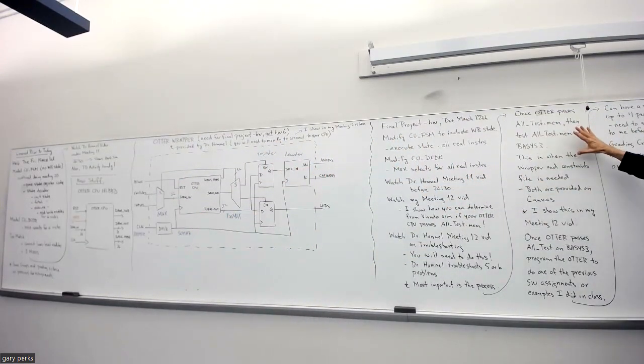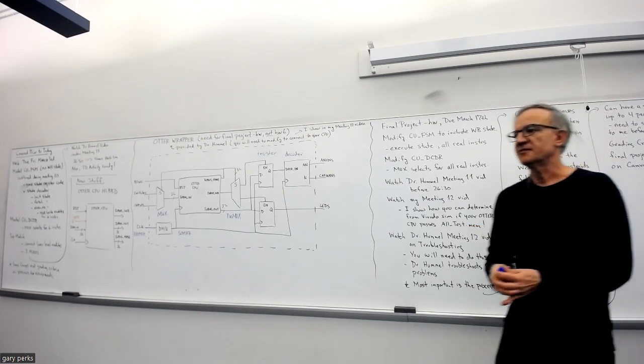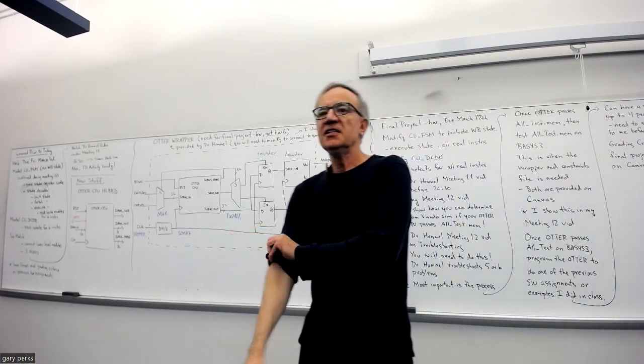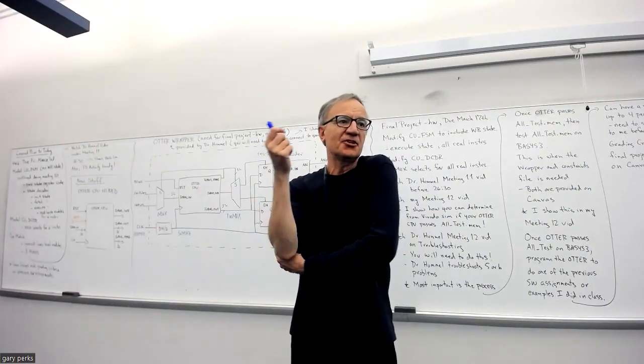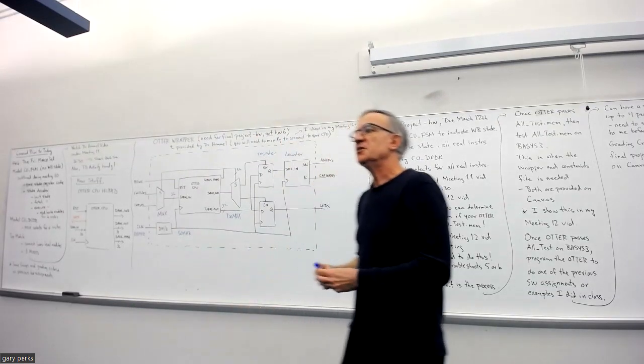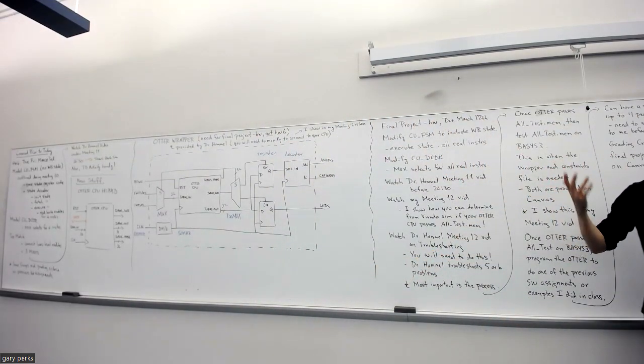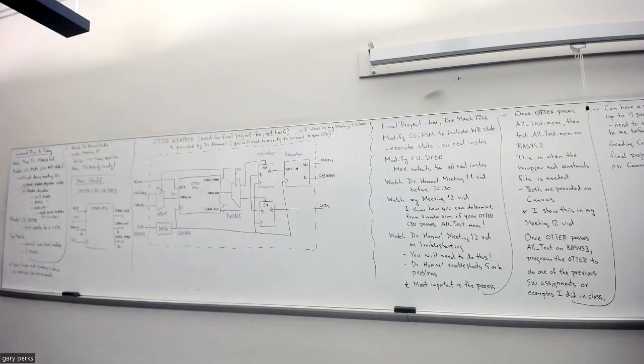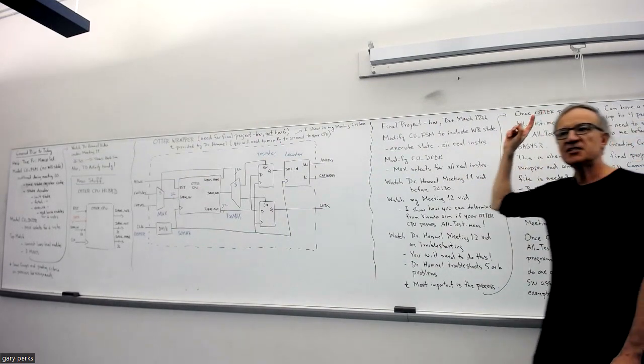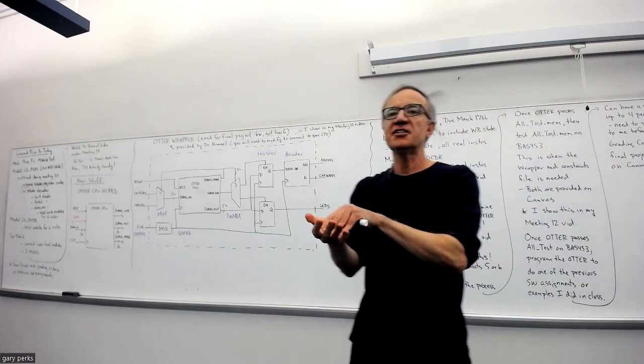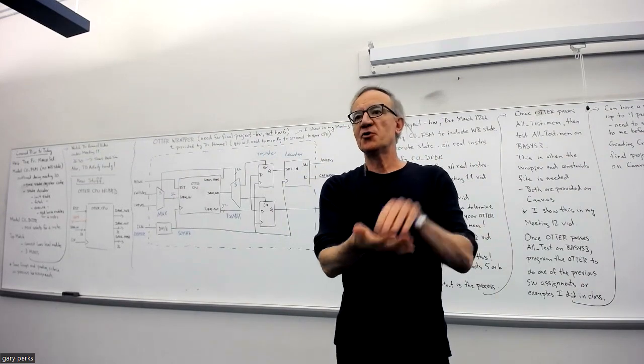But at this part, you've got to include the wrapper and you'll need a constraints file. You haven't needed a constraints file this quarter yet because you haven't downloaded anything to the Basys board. But here you will download your design to the Basys board and then check the alt test mem on the Basys board.